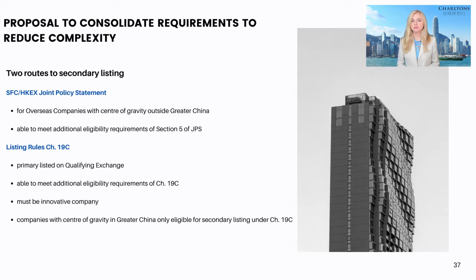Companies are eligible for secondary listing under Chapter 19C whether or not they have a centre of gravity in Greater China, but companies with a centre of gravity in Greater China are only eligible for secondary listing under Chapter 19C. Companies with their centre of gravity in Greater China are not permitted to list under the joint policy statement due to the perceived regulatory risk that they may seek a secondary listing to avoid the full rigour of the primary listing requirements.